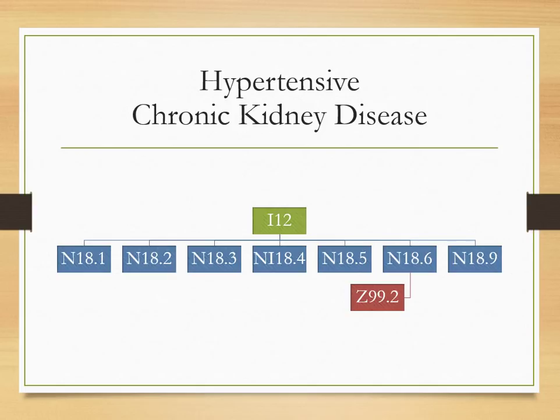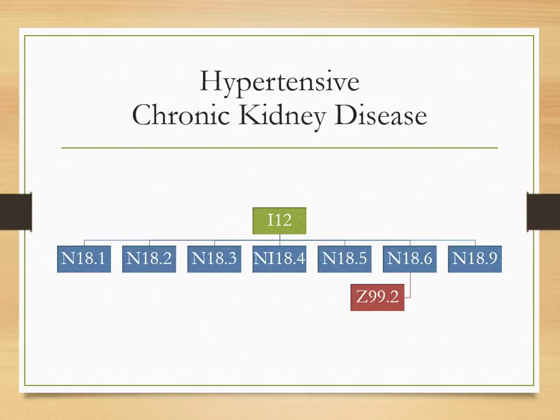Now, of note, if the provider indicates that the CKD is not related to hypertension, you don't use I12. If the provider does not say anything, you're going to use I12. Then, of course, you're going to use the appropriate code from category N18 as a secondary code to identify the stage of the CKD. That's what the N18 code family is all about, the different stages.